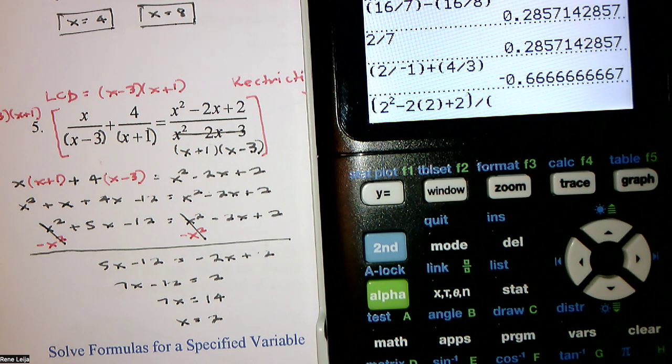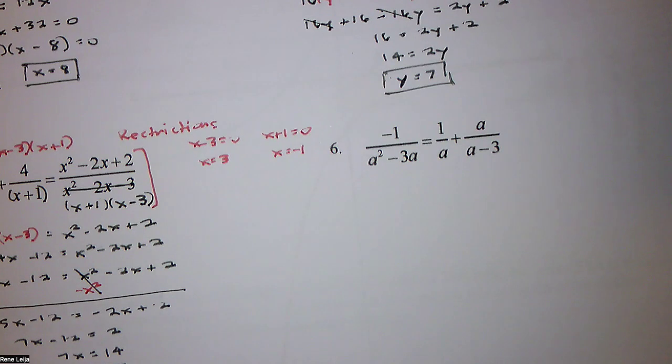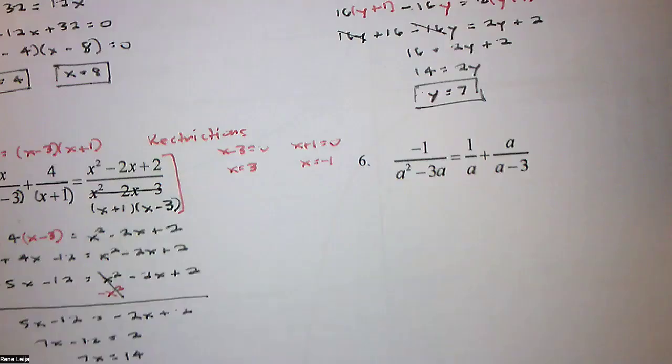And then I have 2 plus 1, which is 3 times, and then 2 minus 3 is a minus 1. Close my parentheses. And notice how we get the same answer. So the left side equals the right side. So we're good. Or if you want to plug in by hand and work it out, man, knock yourself out. You do whatever floats your boat.